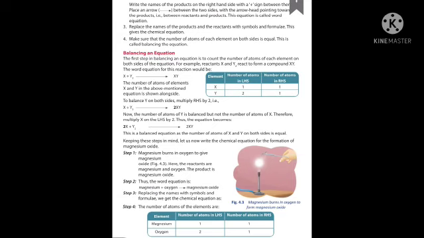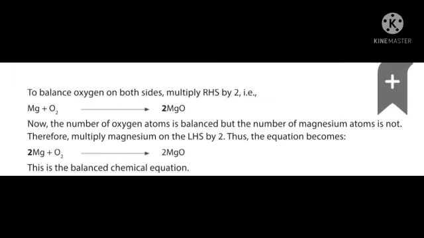So first you write the word equation. Magnesium plus oxygen gives magnesium oxide. Then replace the names with symbols and formulae. Then we balance the equation on both sides. First, to balance the oxygen on both sides, multiply RHS by 2.